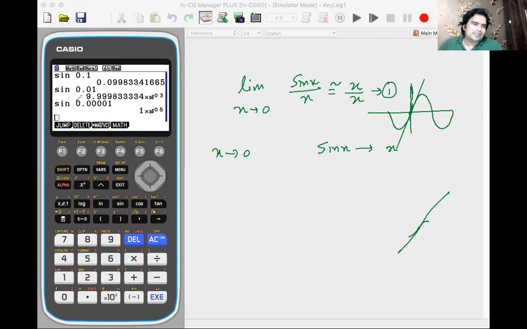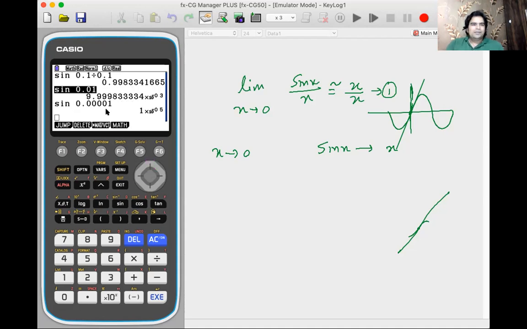Now let's take a simple example. I'm dividing this answer by 0.1. You can see that this answer is 0.9984, which is close to 1.